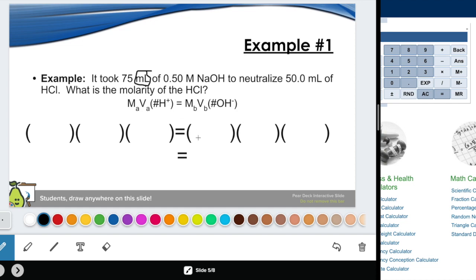Milliliters tells us that it's going to be volume, and since this is talking about NaOH, it's going to be the volume of our base. So we're just going to go in and put our 75 right in here. Next is 0.5 M. M is molarity. And so M is going to go into our M spot, and it's going to be 0.5.